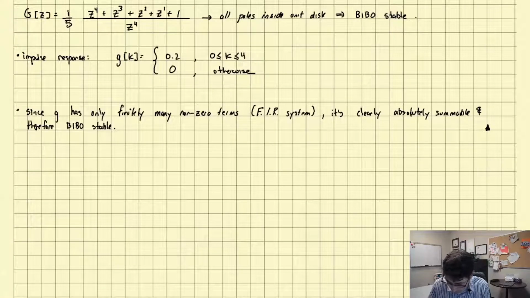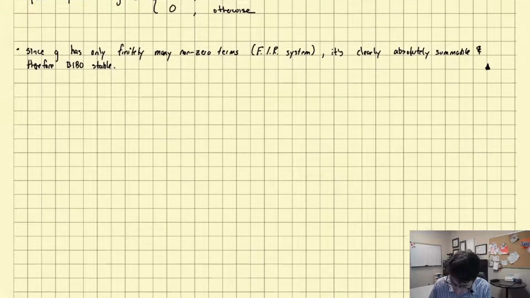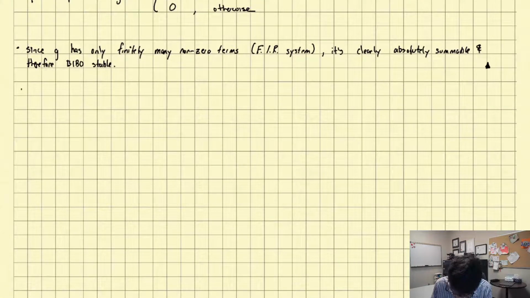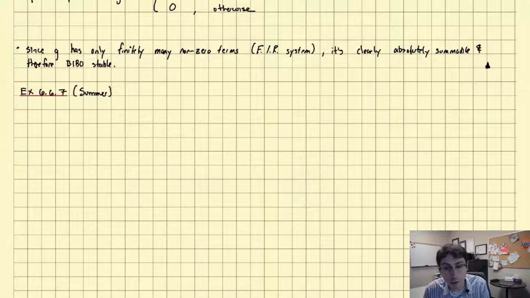Okay, let's do another example. A summer, also called an accumulator. So what's the system model?